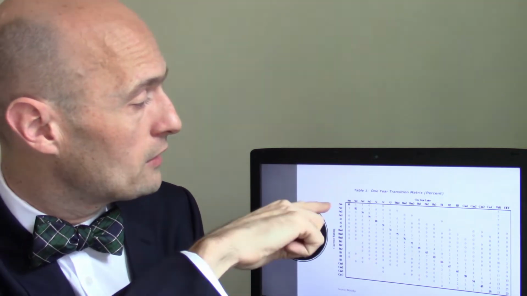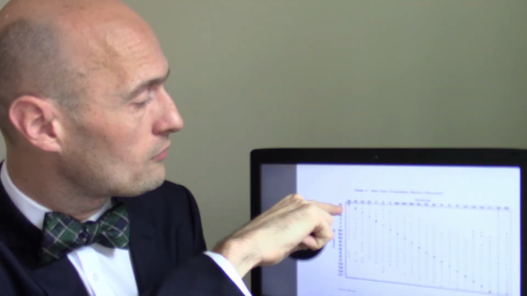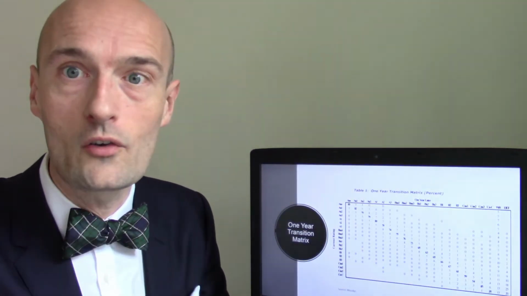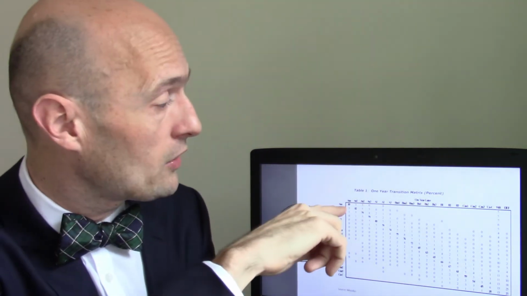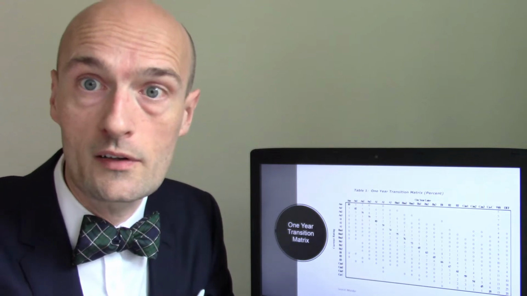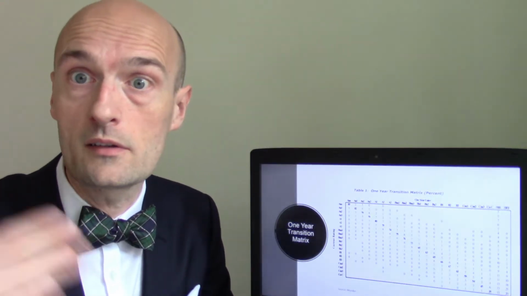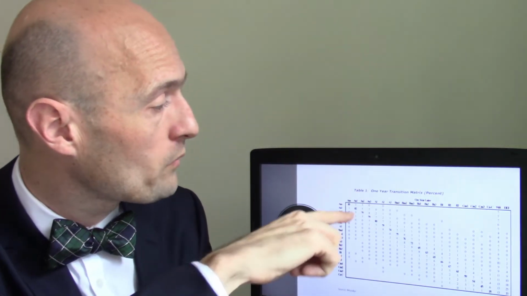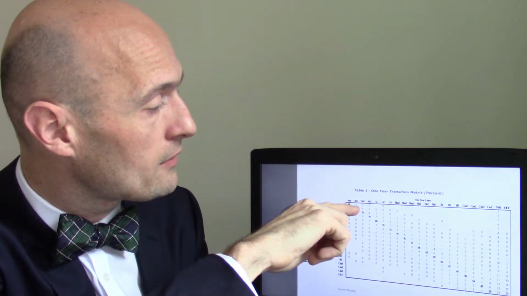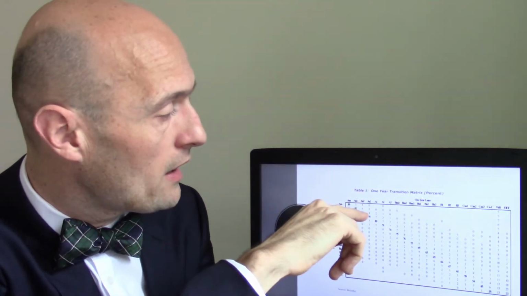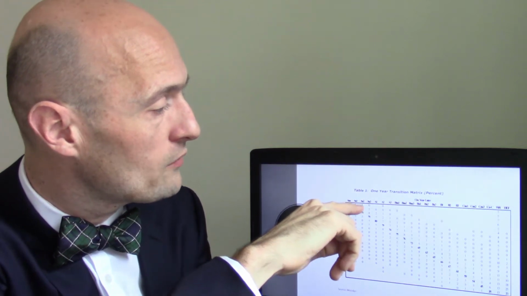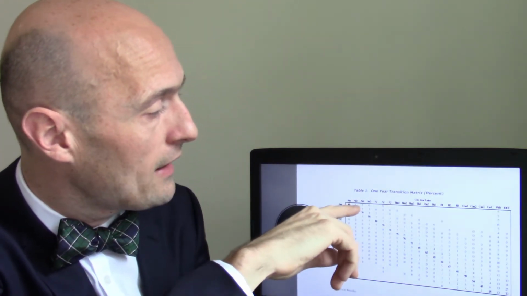If we look here, the current rating of AAA, roughly 1 year later, 89% of bonds are still AAA. So that means some of them are falling. Now, 3% get downgraded to AA1, which is down 1 step, and another 3% move down 2 steps to AA2.